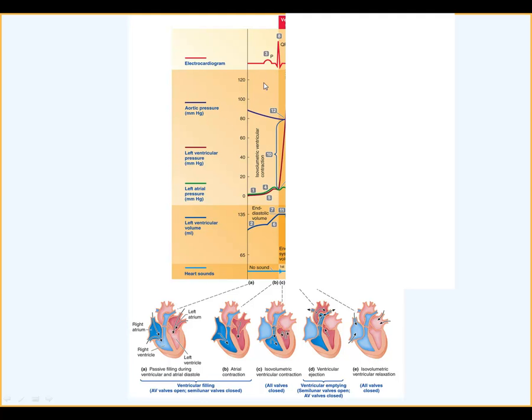So at the end of the diastole, which is this level, this is the maximum amount of blood that was held inside the ventricle, so we call it end diastolic volume, right? It's the volume of the left ventricle at the end of the diastole. Sounds good? Okay.